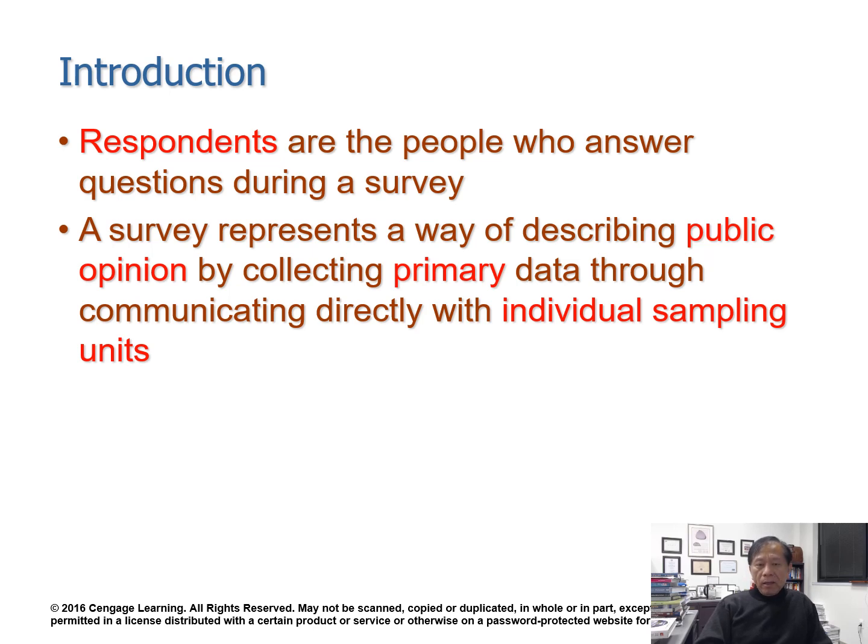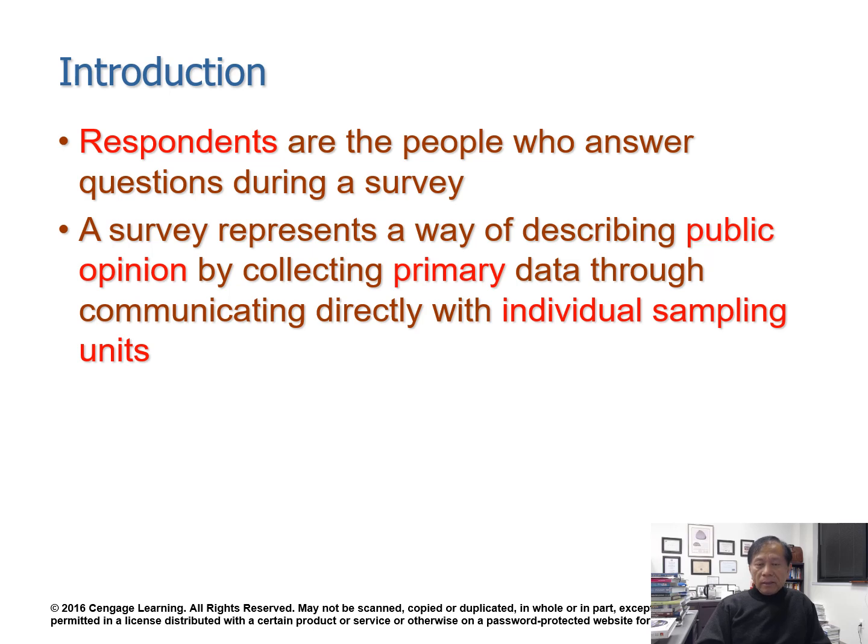A survey represents a way of describing public opinion by collecting primary data through communicating directly with the individual sampling units. We use surveys to gather public opinion, of course, consumer opinion or marketing opinion.